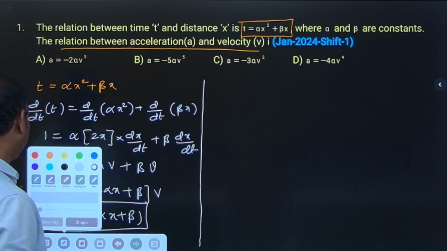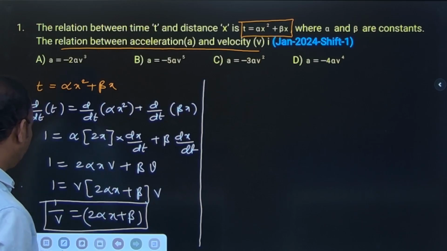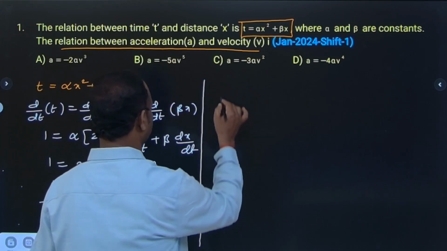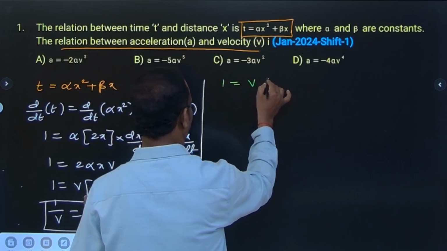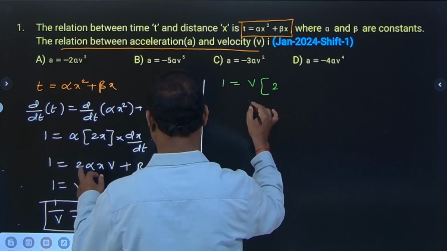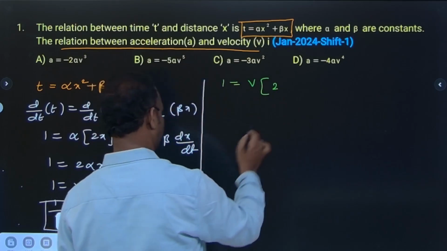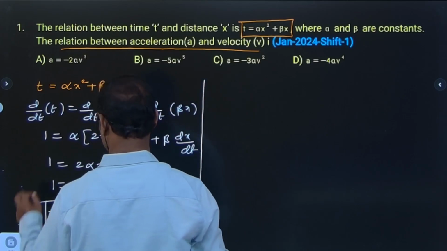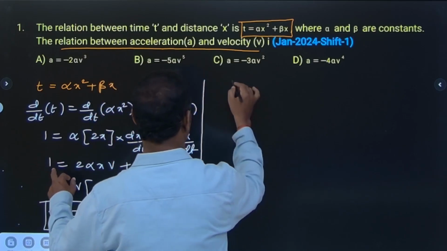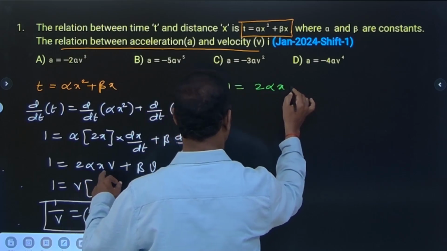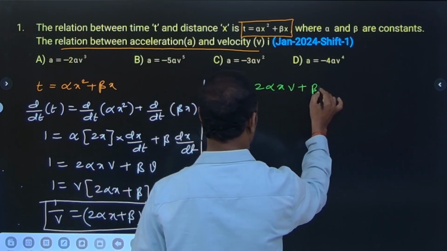For the second differentiation, I need to choose from this equation: 1 is equal to 2 alpha x v plus beta v.